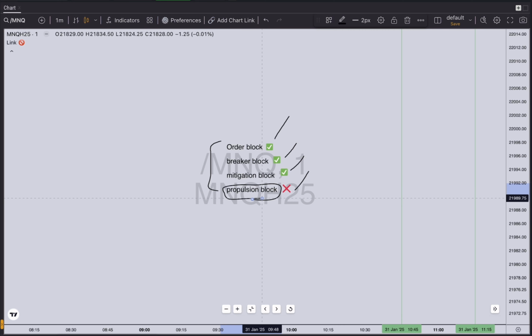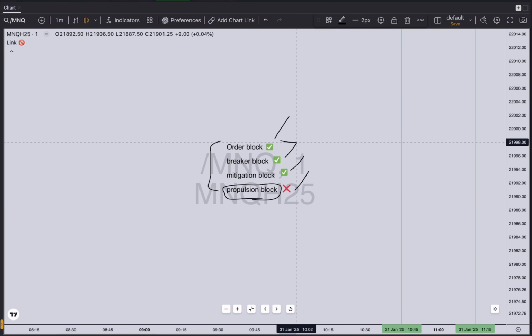The reason being, number one, the whole point of this series is to simplify trading, and I don't want to overcomplicate things for you guys. Second, we don't need to know propulsion blocks to become profitable. I rarely ever, if ever, use them.